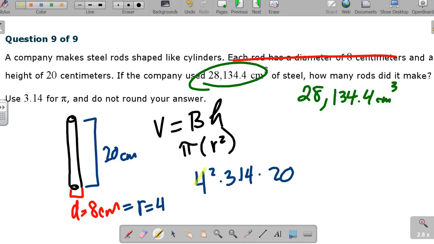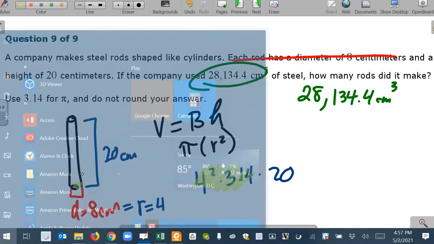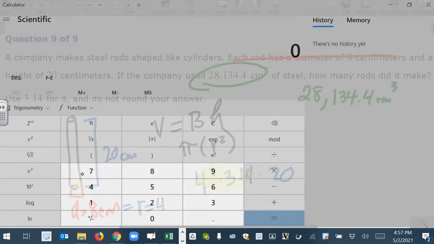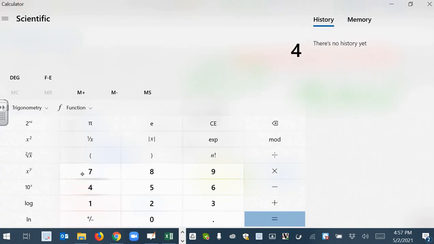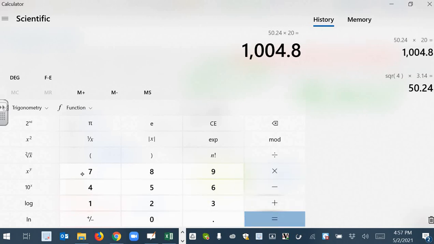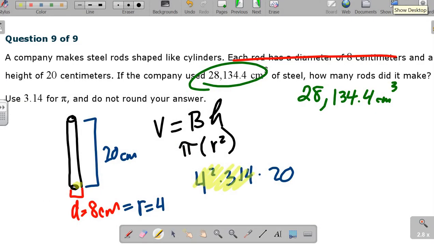So this is our base, pi r squared, times our height, which is 20, and we're using 3.14 exactly. We're not going to round our answer. 4 squared times pi times 20. So our volume is 1,004.8 cm cubed.